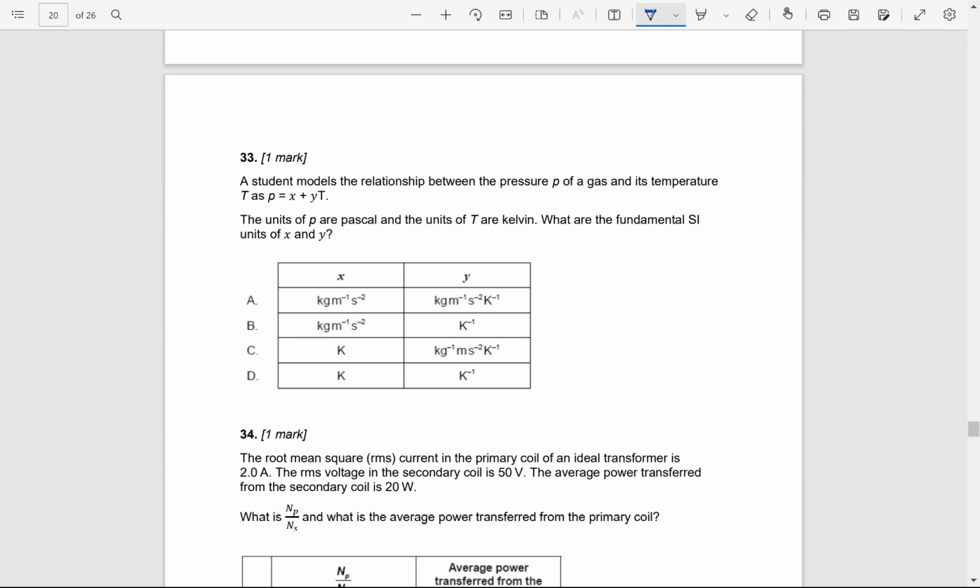33, we are looking for fundamental SI units of X and Y. Okay, so a student models the relationship between pressure and its temperature. So we've got pressure equals something plus a gradient times Kelvin. I'm just going to rewrite this here.